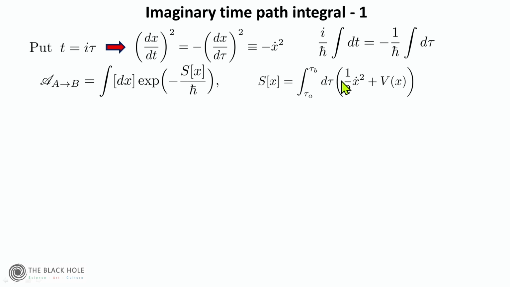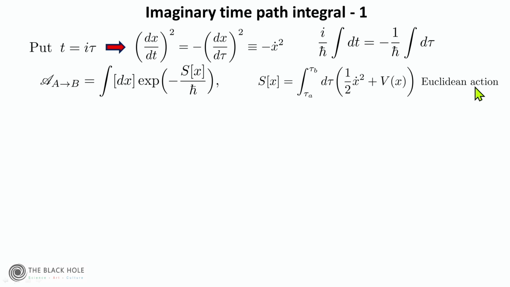Secondly, there's no minus here. In fact, this x dot squared term, we'll call this the kinetic term, and this is the potential term, they're adding up. And so both of these have the same sign. That's important to remember. This is what is called the Euclidean action.